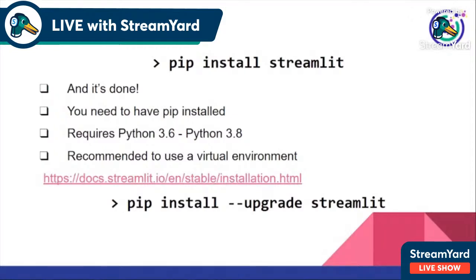Okay, so in this case I'm using a Conda environment, and if you already have it installed and want to upgrade to the newest version, you just need to do pip install --upgrade streamlit. So it's pretty straightforward. No previous setup required except for pip.